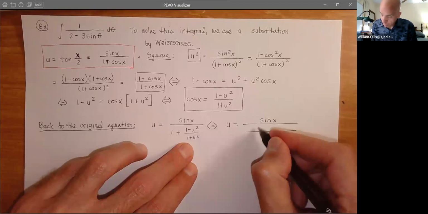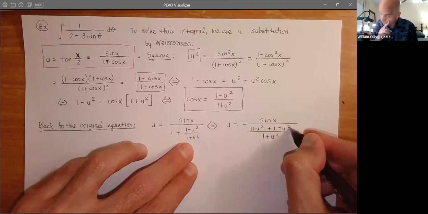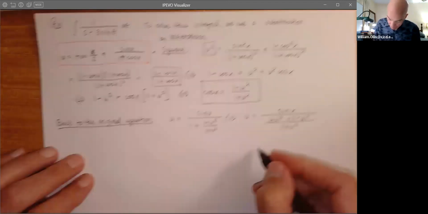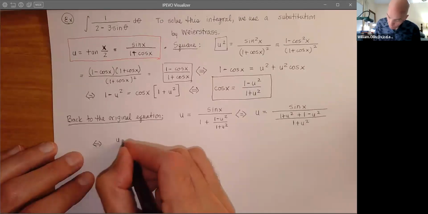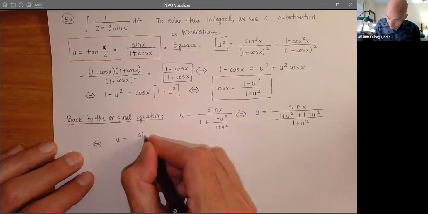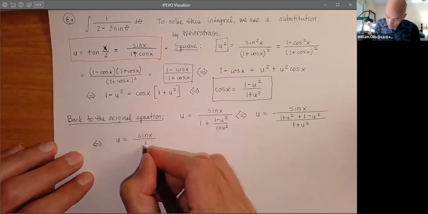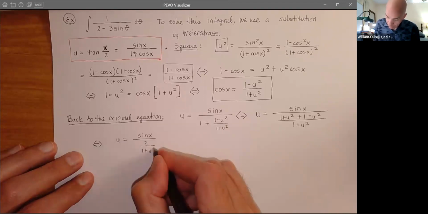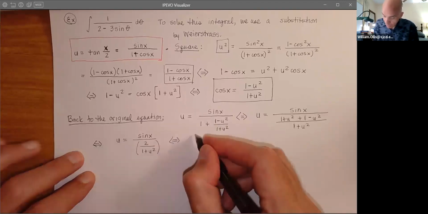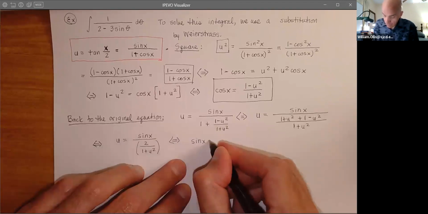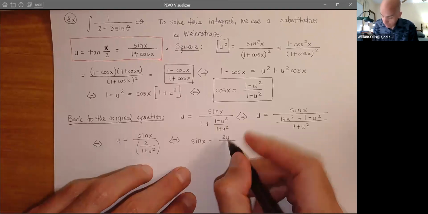So this will give us 1 plus u squared plus 1 minus u squared. Of course, the u squared is absorbed, and we're just left with 2 over 1 plus u squared. So now we can just cross multiply. So sine x will be 2 times u divided by 1 plus u squared.